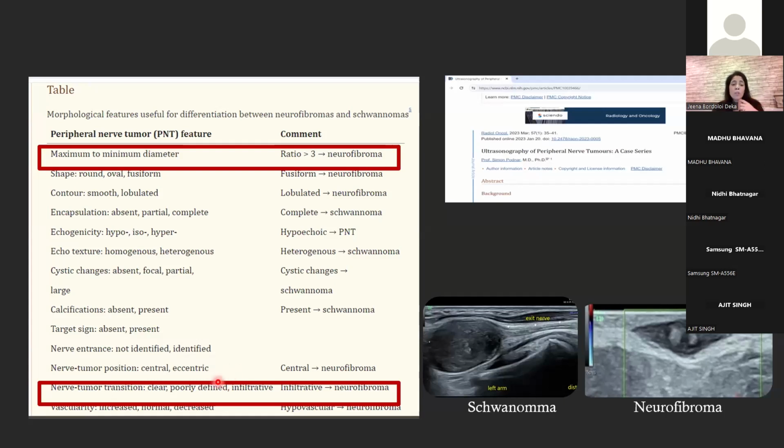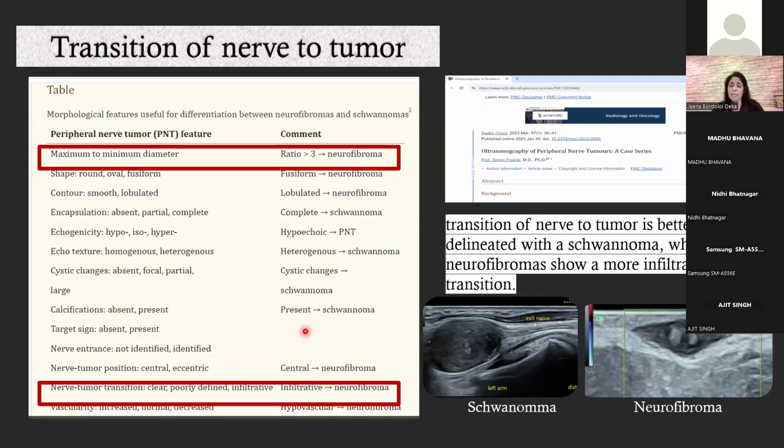And there is another point which has been mentioned in this paper: we can look at the nerve tumor transition, which is more infiltrative in case of neurofibromas, and it is more clear, well-defined and better delineated in case of schwannomas. So we've got to remember these points and try and differentiate between a schwannoma and a neurofibroma.